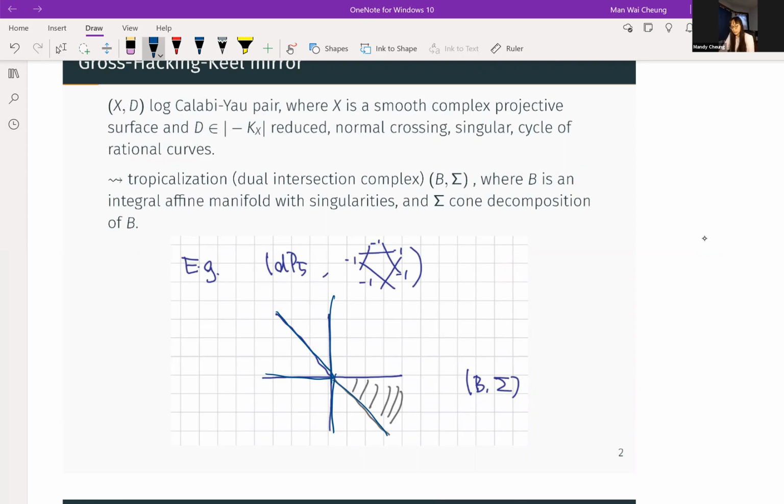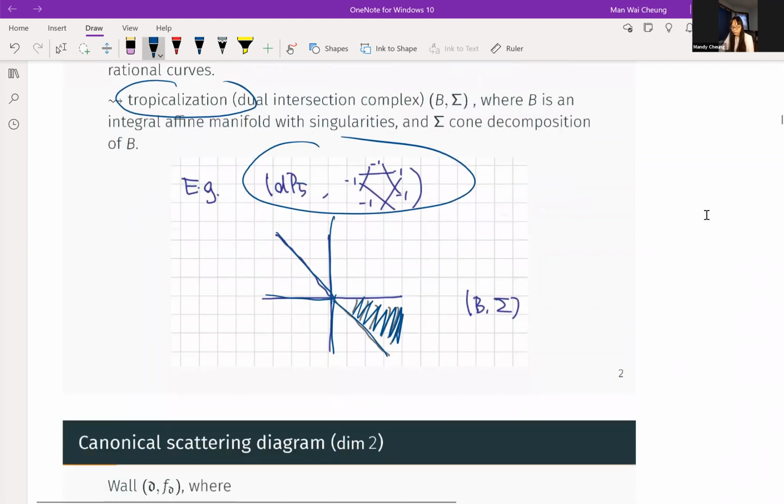But when we go back from the fifth divisor to the first one, there is a piece we need to glue along, and that is how we induce this affine manifold structure, which has monodromy over it. It's not just R2 or C2. So this is the tropicalization of this log Calabi-Yau pair.